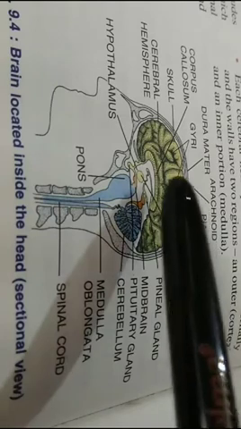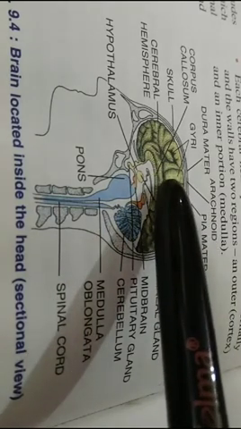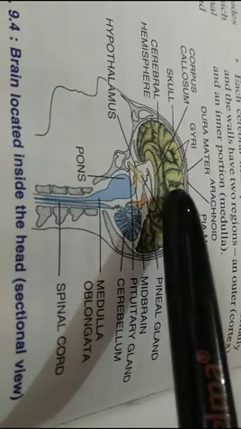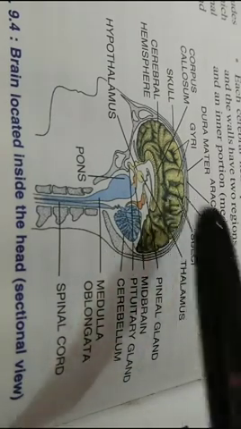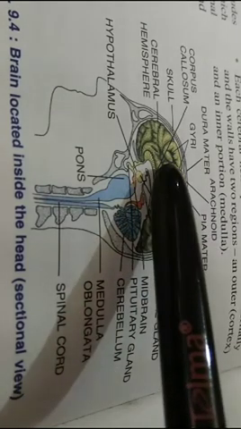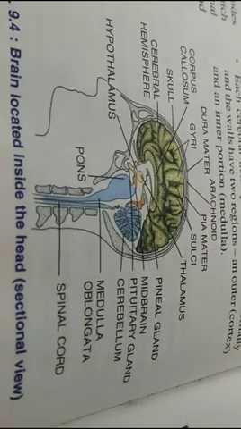So you can see here there are swelling parts. This convoluted part is found all over the cerebrum with ridges and grooves.